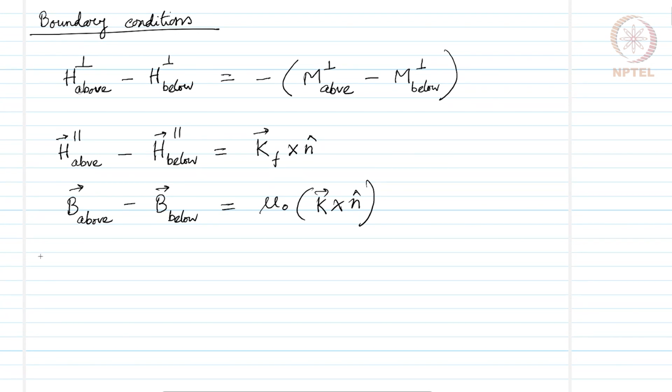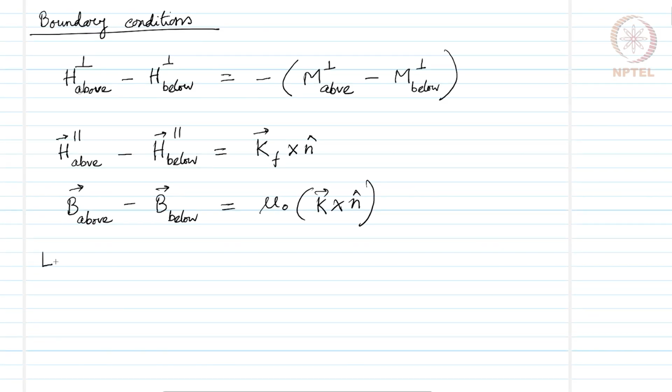Now, we have considered linear dielectrics. In case of magnetic field in material, what are the linear media? Let us think about that and find interesting expressions in the context of linear media. A linear medium would be one where the magnetization is proportional to the externally applied magnetic field.